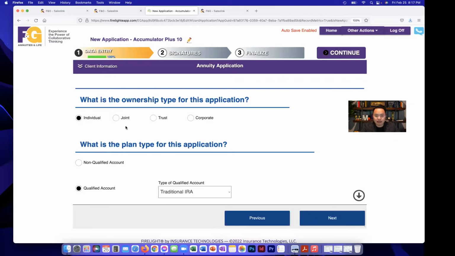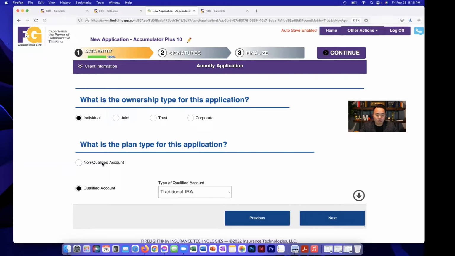what is the plan type? Is it non-qualified or qualified? What's the difference? Non-qualified is already after tax money. Okay, like cash, money at the bank, checking account that they want to roll over, death benefit payout proceeds that they got.